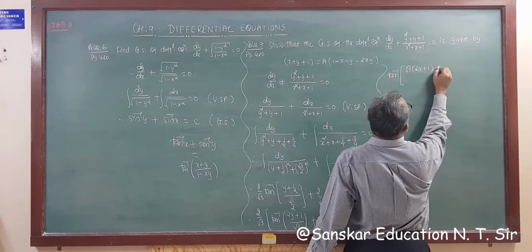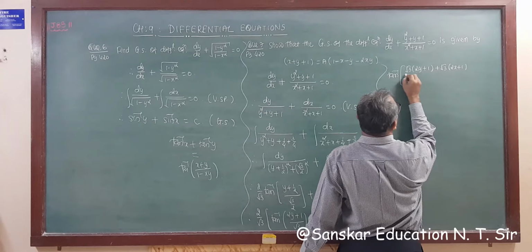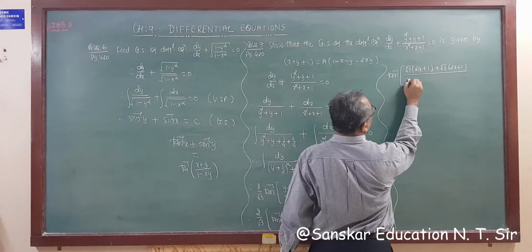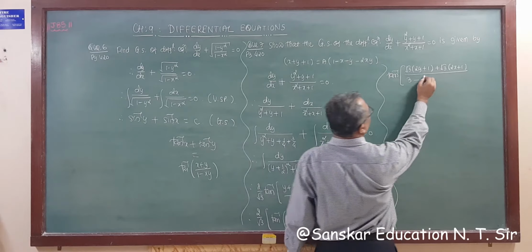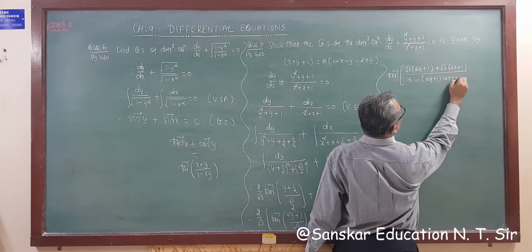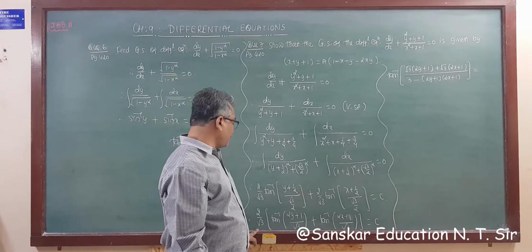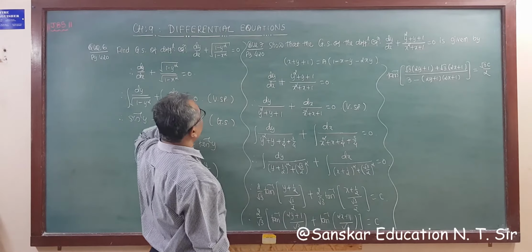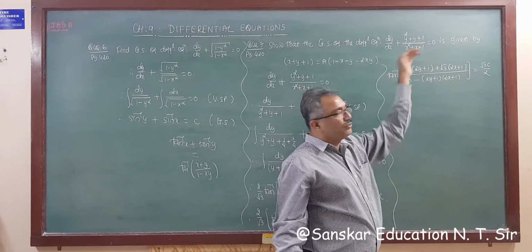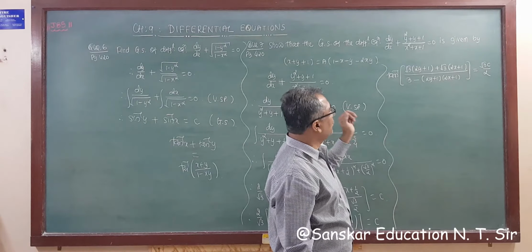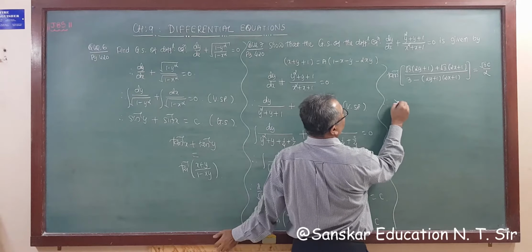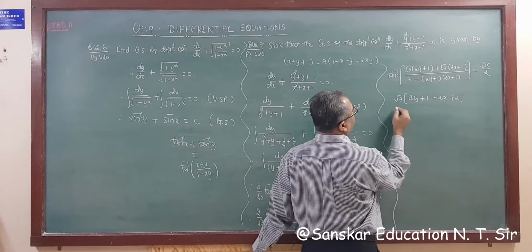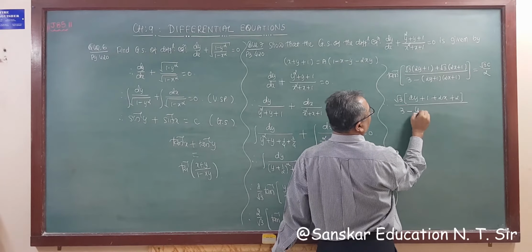√3 into (2x + 1) plus √3 into (2y + 1), whole upon, what did we do? We multiplied this, so √3 into √3 became 3. Above it is plus, so below it will be minus, and the multiplication of these is (2y + 1)(2x + 1) in brackets, is equal to, what will it be? √3 c by 2, √3 c by 2. Now in the solution we don't require tan, means taking tan to the opposite side, and simplifying this. So we have √3 common here, so taking √3 common, we get in the numerator (2y + 1 + 2x + 1), whole upon 3 minus, now multiplying this, 4xy.